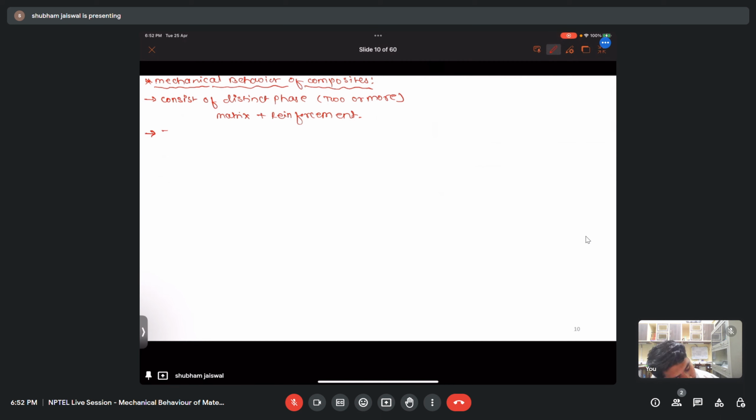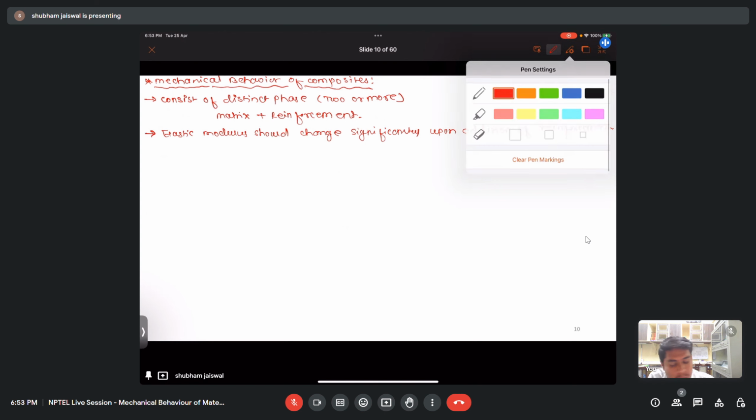It means the elastic modulus should change significantly upon addition of reinforcement. And this is about the composite.